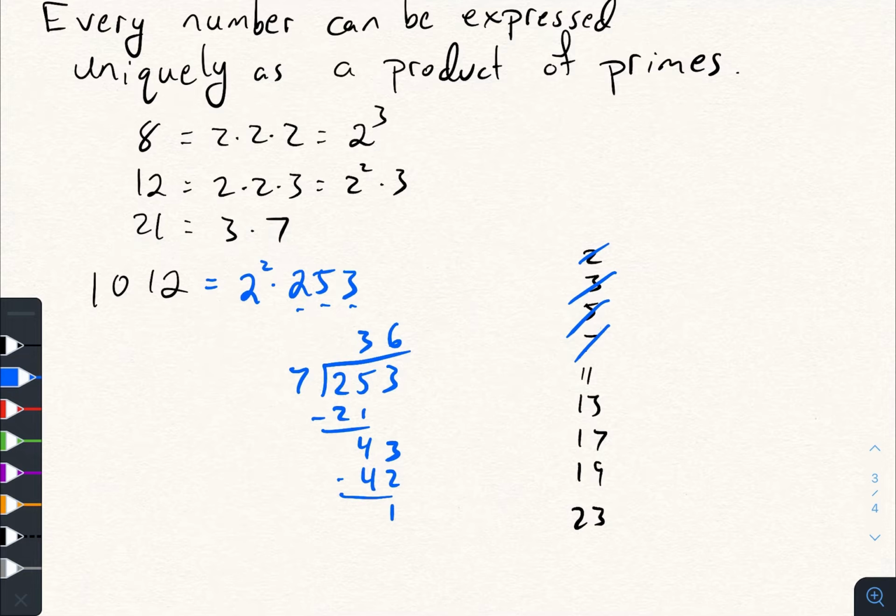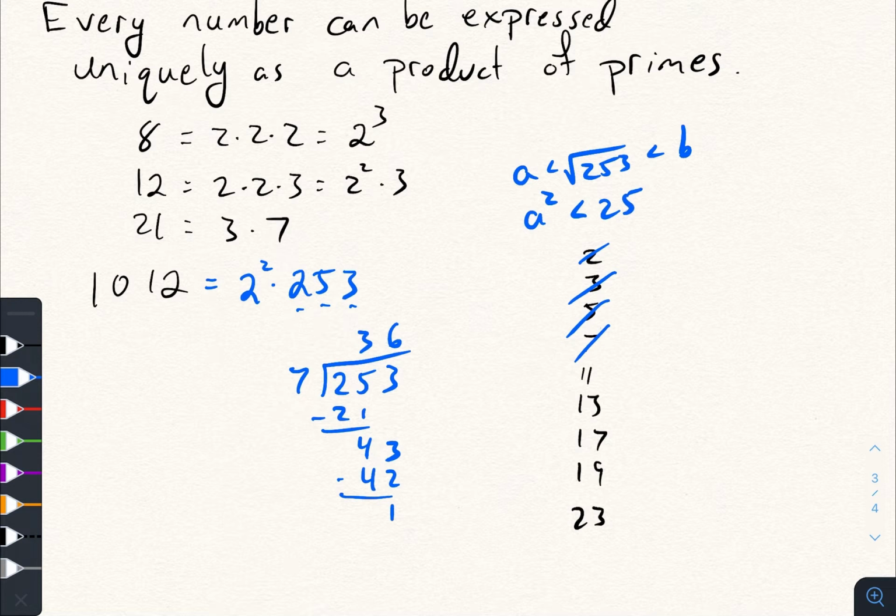Well, there's one fact in the book that says that you look for the number. So take the square root and see what two whole numbers this is going to be between, or equivalently, what two numbers, A and B, would 253 be in between when you square them.